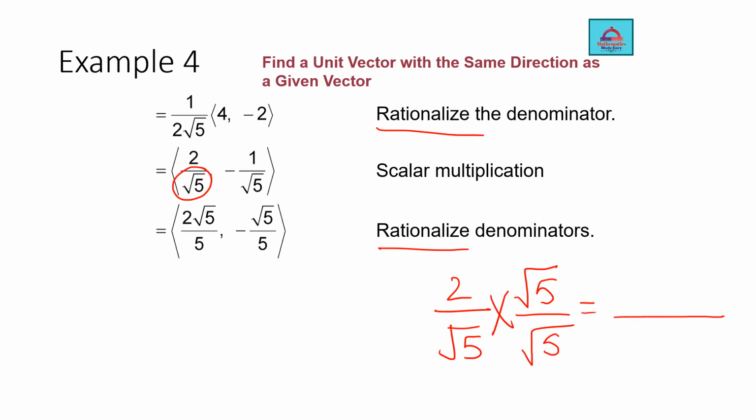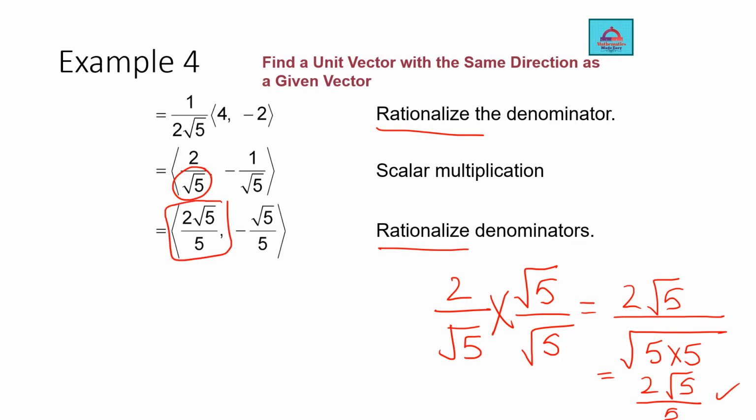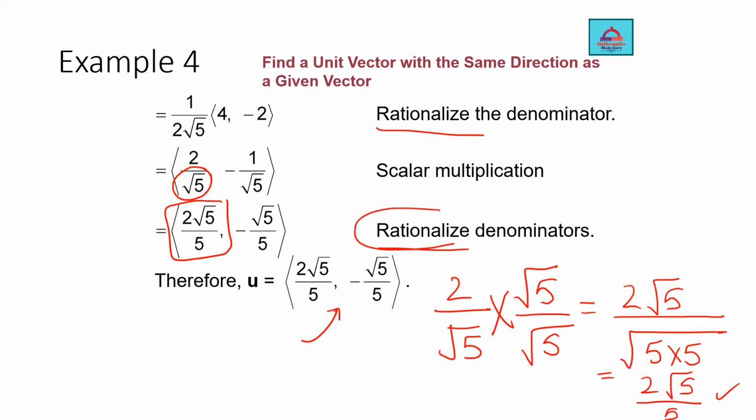This process is rationalization because when in the denominator square root 5 is multiplied, in the next step it will get rid of the radical sign because this is the same as 5. So it will become this value as you see here. Similarly, here also the radical is removed. So rationalization is important and therefore your final answer would be the unit vector, this one. If you see a radical sign in the denominator, don't forget to rationalize before you give your final answer.